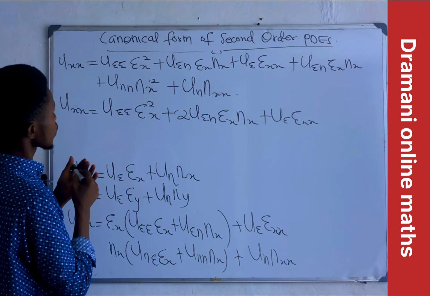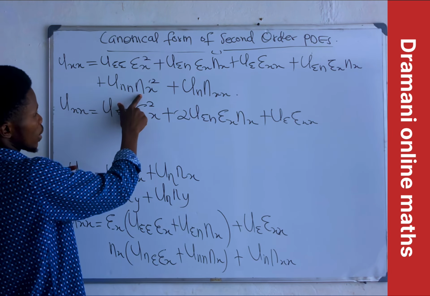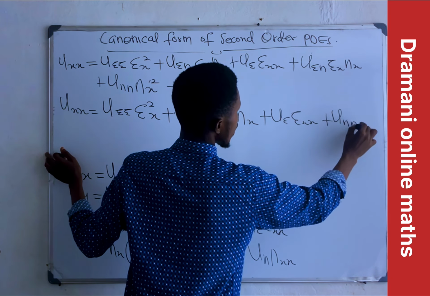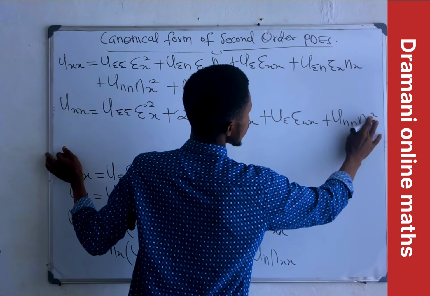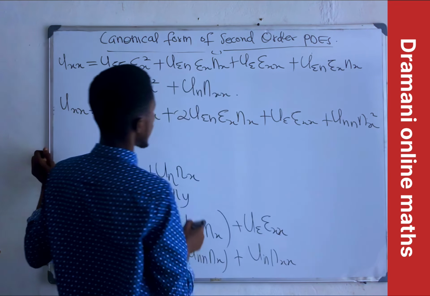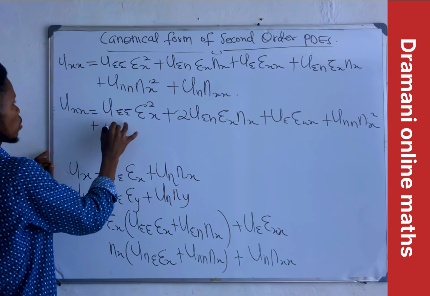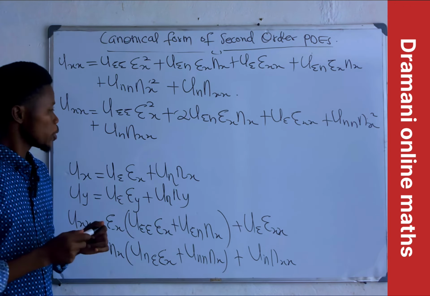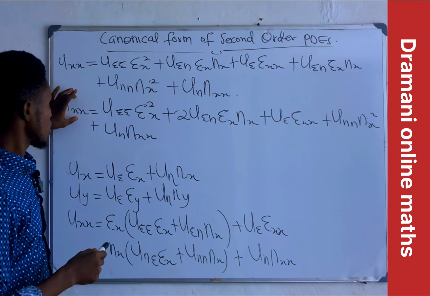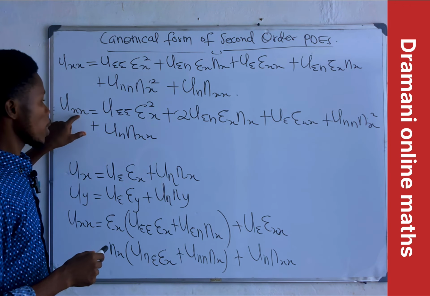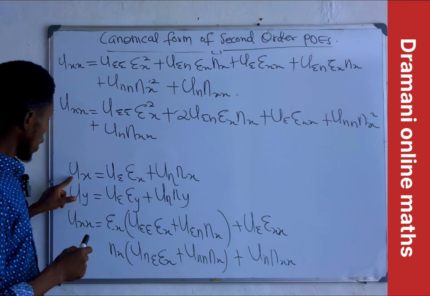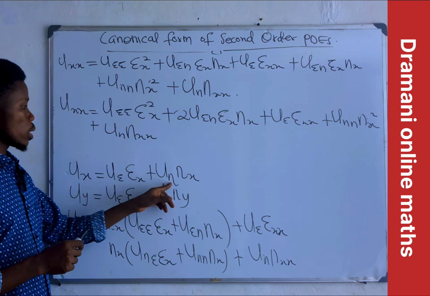Then you move to u eta eta x squared, and lastly u eta x x. Very good. So if you want to differentiate it two times, the second order, this is the formula you are going to get. But for one time, it will be u xi x plus u eta x.